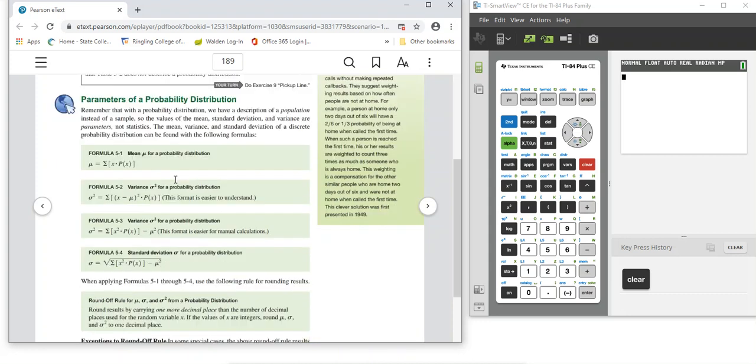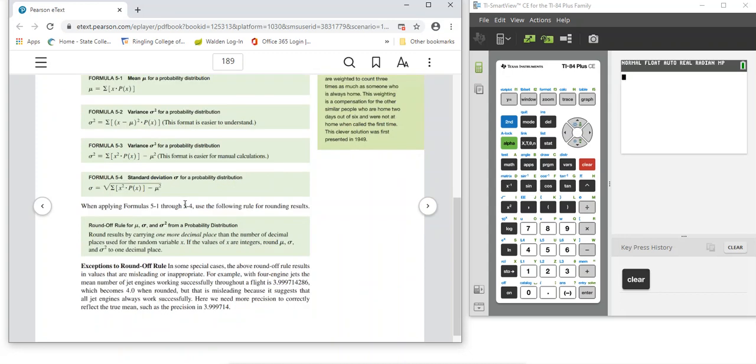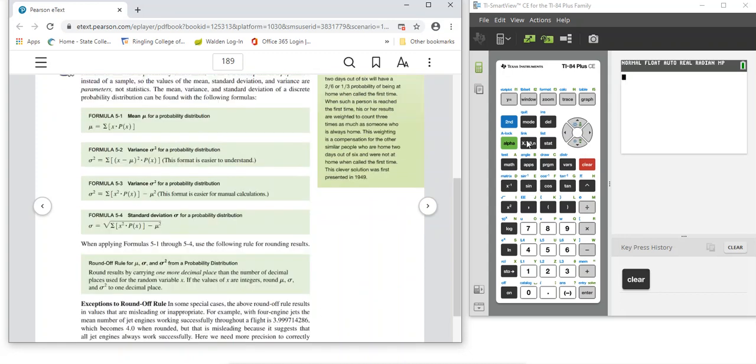Here's the sum of the deviations about the mean, the squared deviations about the mean times their probability of occurrence. This is really like a weighted mean. We see all this, but we're going to use the calculator to do these computations.